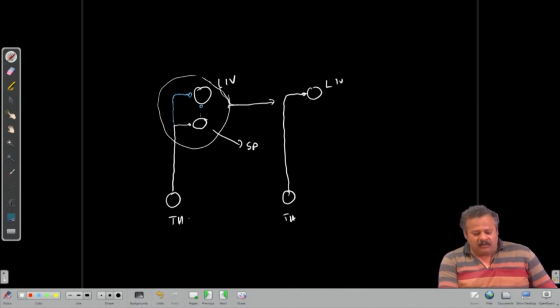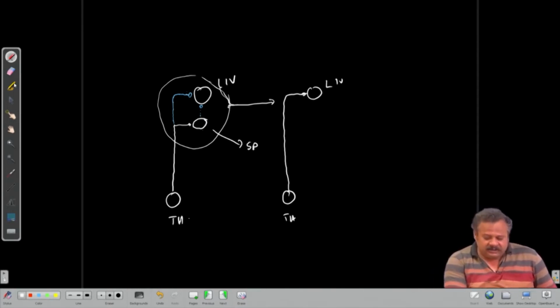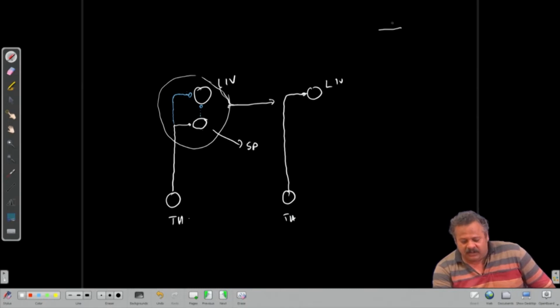So, how is the blue synapse at the top getting strengthened? Let us say the thalamus is providing spike train inputs onto the subplate neuron.